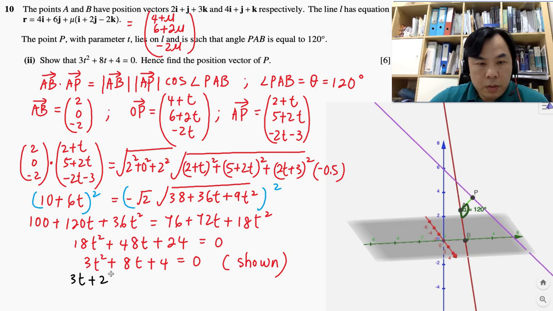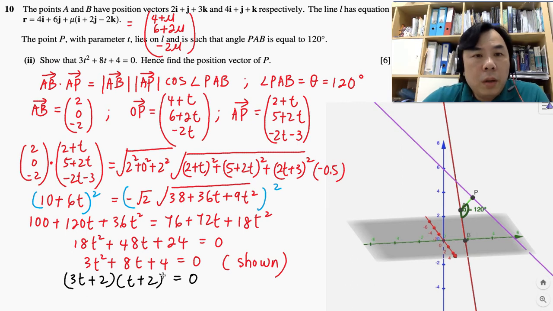I believe if you solve this, you should get t equal to 0. Just let me check for a while. 6 and 8, yeah, correct. Now, therefore, from here itself, you will find that t could be both negative 2 over 3 or negative 2 here.